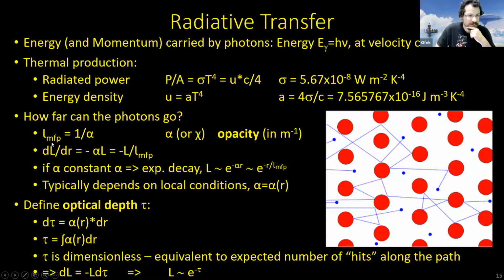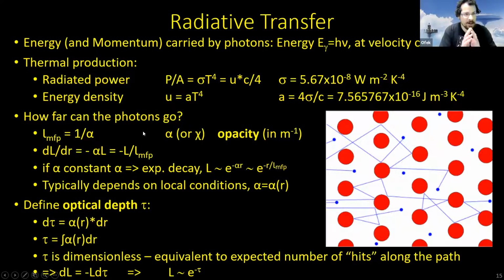So we define this L, the mean free path: the average distance between when a photon is created and when it hits something which either absorbs or scatters it, in any case modifying its direction. This mean free path L, of course, has units of meter. And the opacity is defined as 1 over L, or if you want, L is defined as 1 over alpha, the opacity.